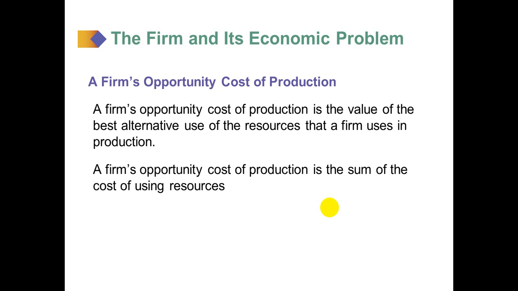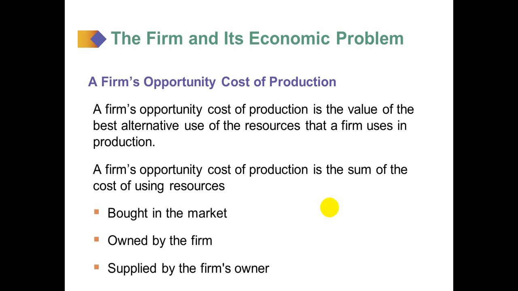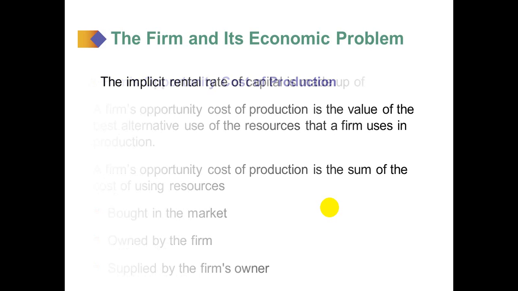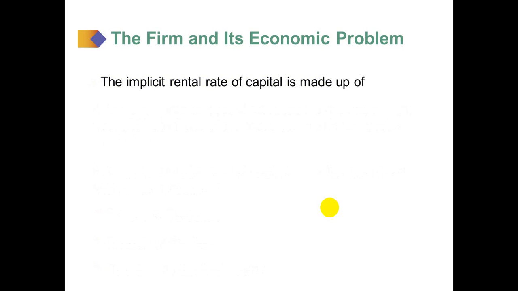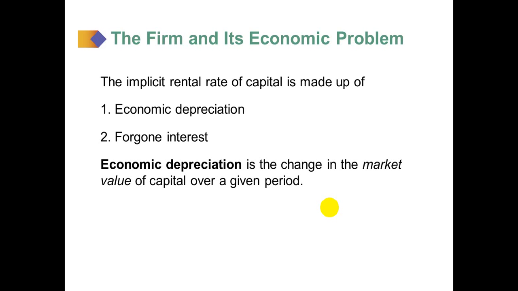A firm's opportunity cost of production is the sum of the cost of using resources bought in the market, owned by the firm, and supplied by the firm's owner. The implicit rental rate of capital is made up of economic depreciation and foregone interest.